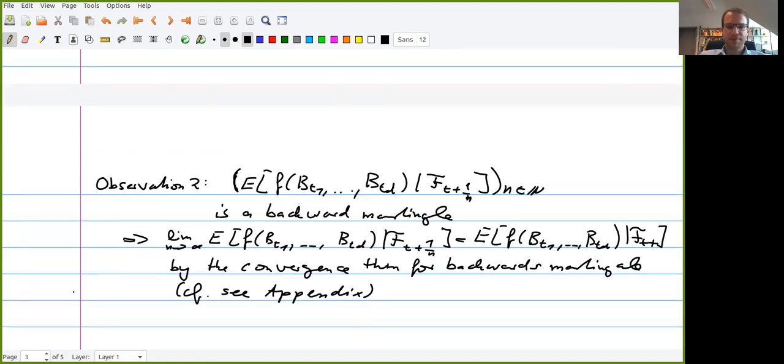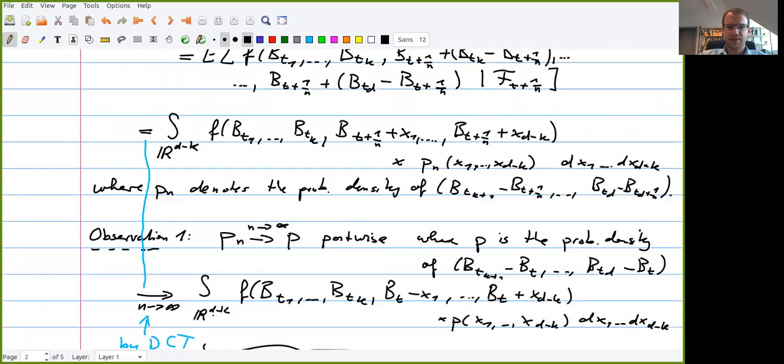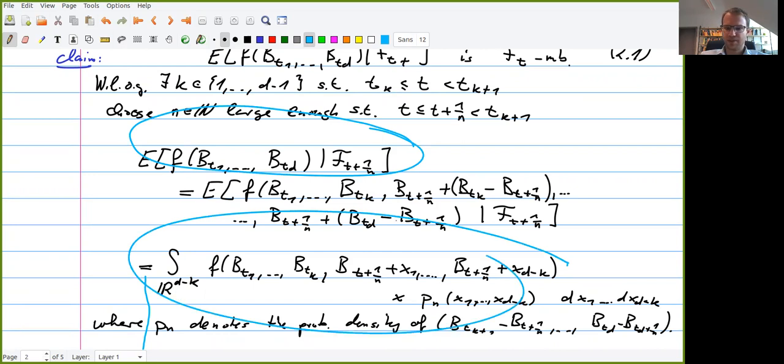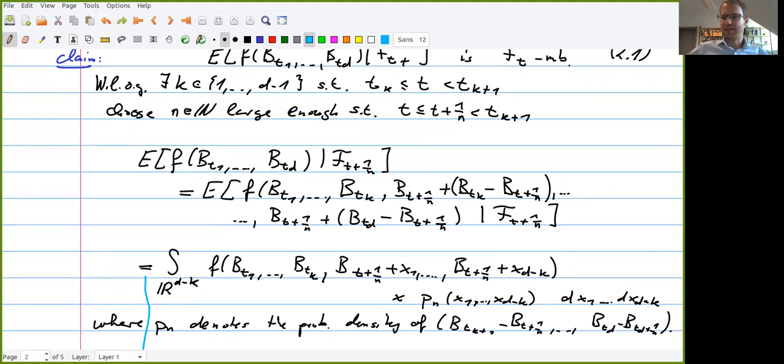And now we need that the null sets are included in our filtration, because we now have that this converges to the right object, and this to something F_t measurable. But these are both almost sure limits, so we might have different null sets. We need to be careful that we keep the identity here, and this is where the null sets come in.